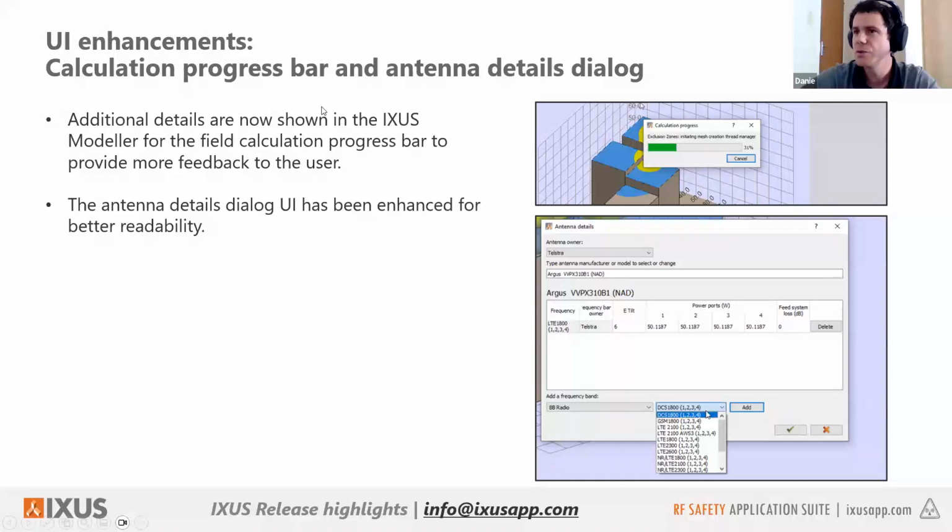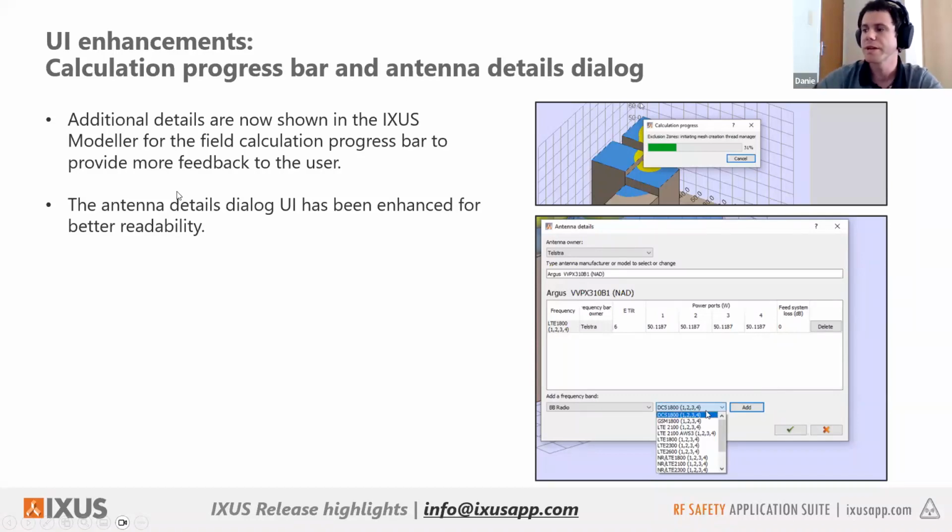Okay, so the next UI enhancement that has been done is essentially the calculation progress bar. So we've added a few messages there to just give feedback to the user as to which process is currently ongoing, as well as the antenna details dialog UI that's been changed a bit, just to make it more readable.